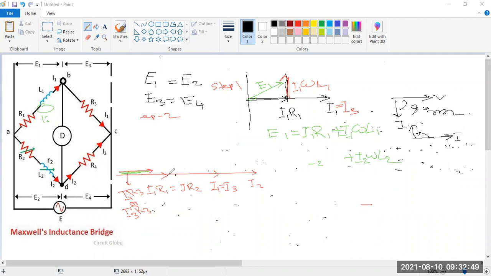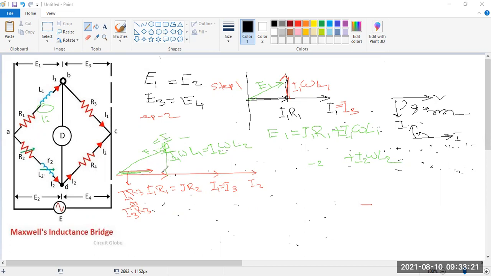And just like previous, it was I1 omega L1, and that is I2 omega L2, and this is our E1, E1 equal to E2 also.